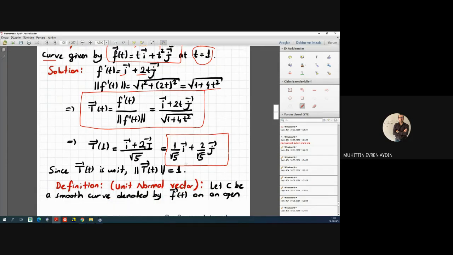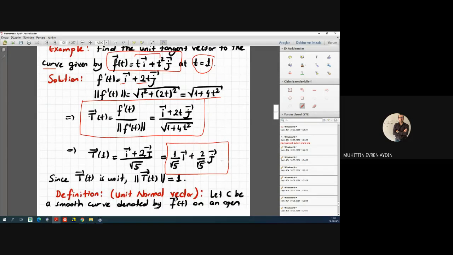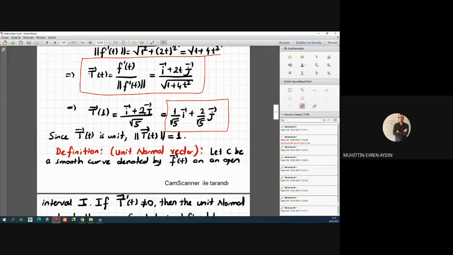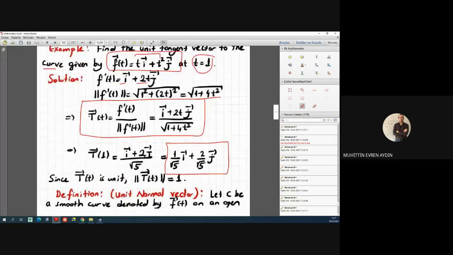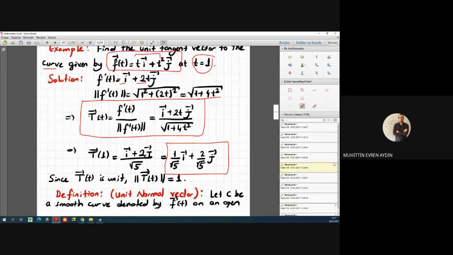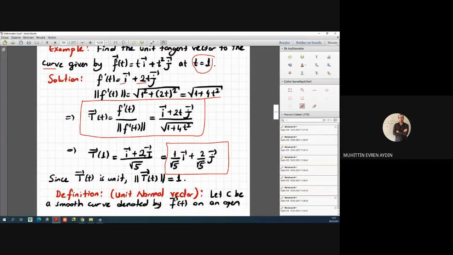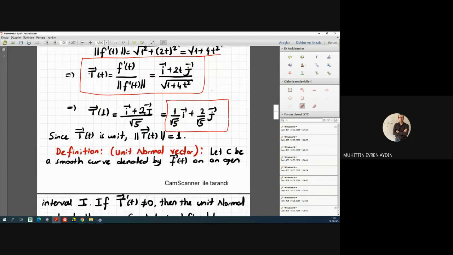So this is the tangent vector to the parabola at the point t equals 1. In Cartesian form, as you can see, this curve is given in explicit form y equals x square, which is a parabola.